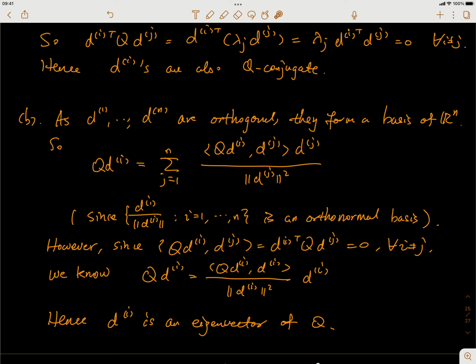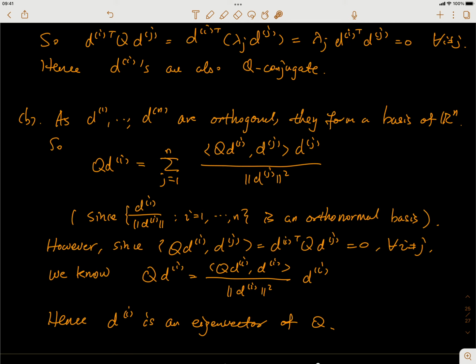Now suppose these di's are Q-conjugate and orthogonal. Let's see what happens. Because they are Q-conjugate, if I multiply this with dj for some j different from i, I will get 0.